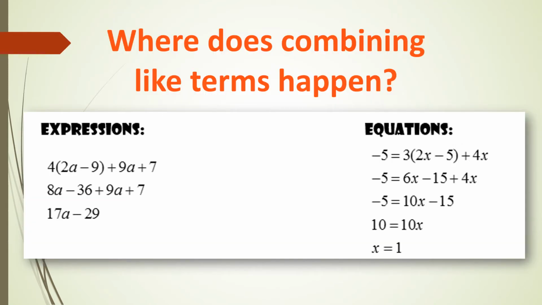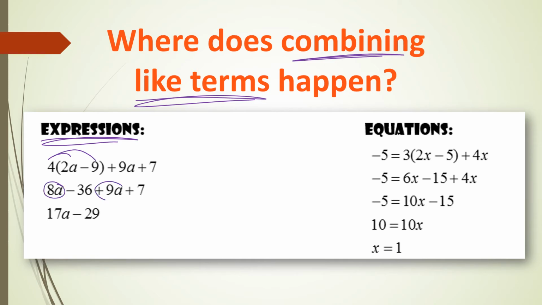We have been combining like terms for a while now, right? When we simplify expressions, that is combining like terms. We have to do a little distributing first, and then we have like terms to combine. And that's exactly what we've been working on this whole year so far.